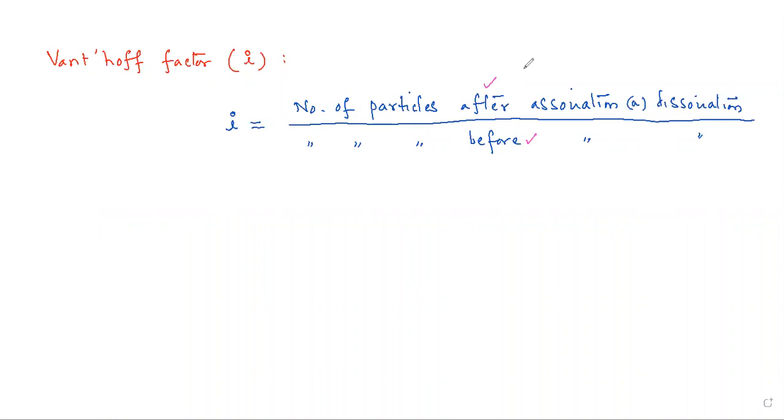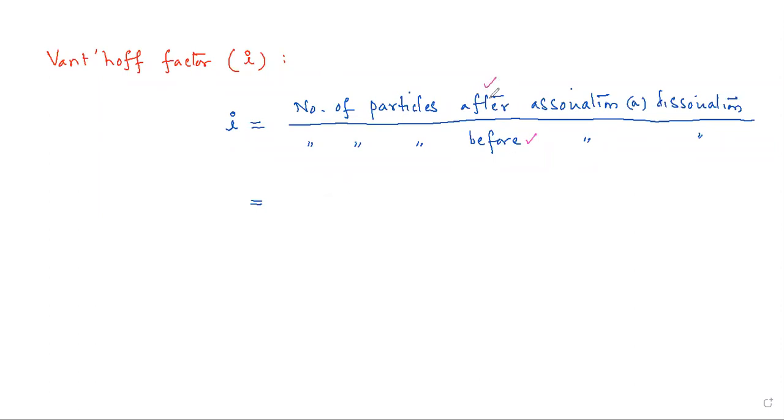In case of glucose, it is the same after as well as before, 100 by 100, it is equal to 1. So we can give three different values: equal to 1, greater than 1, less than 1. We'll give them, of course, but let me give you two more relations.